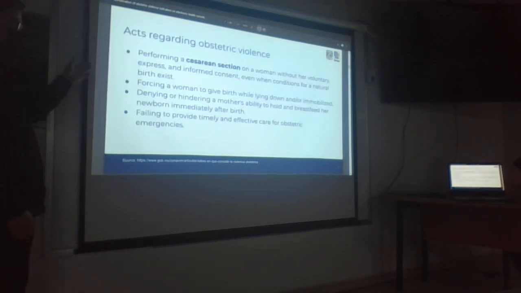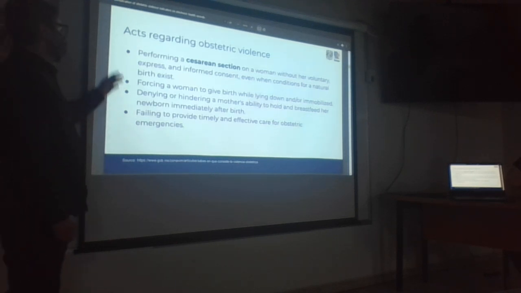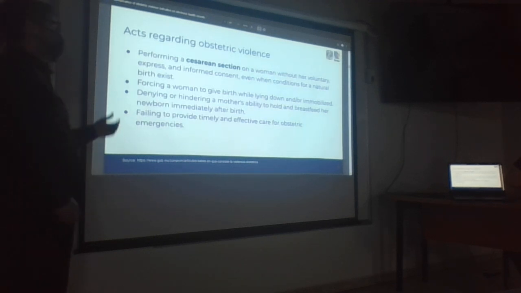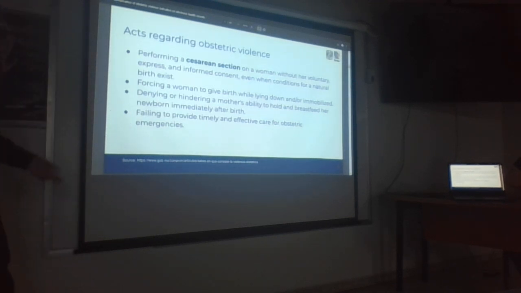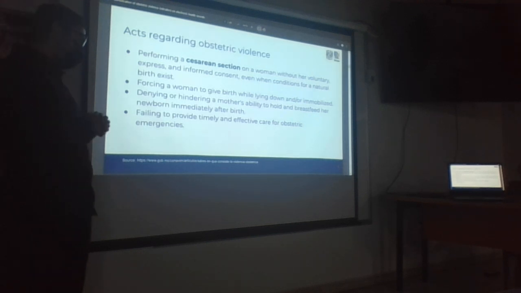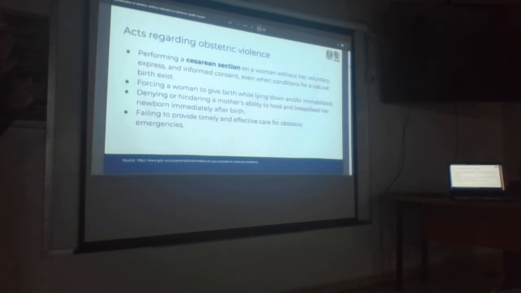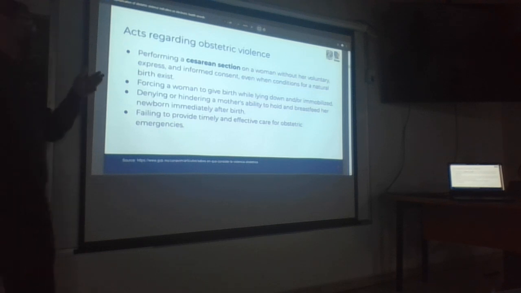These are some examples of acts of obstetric violence. There are more. The first is performing a cesarean section on a woman without her voluntary, express and informed consent. This is very important, or well, maybe frequent. The second, forcing a woman to give birth while lying down or immobilized.